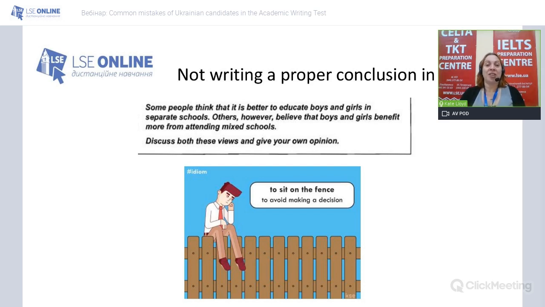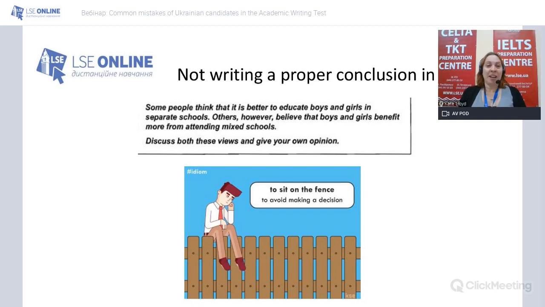You have to actually give an opinion. I know that sometimes this happens because you don't know what is right. Should they go together to the same school or different? It doesn't matter, your opinion, at all. Make a decision on one side and write about it.